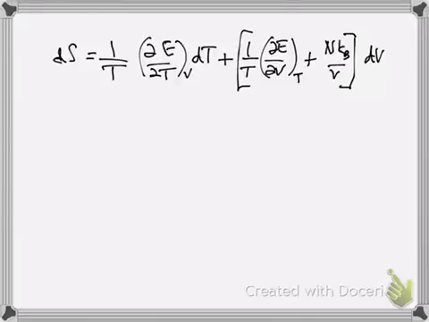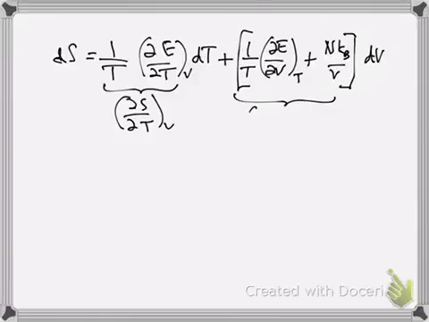All right, so that means that this bit, which we already knew before, is partial s partial t at constant v, and this whole thing here has to be partial s partial v at constant t, right? Now, we're going to use the fact that mixed partial derivatives should be equal for nice functions.